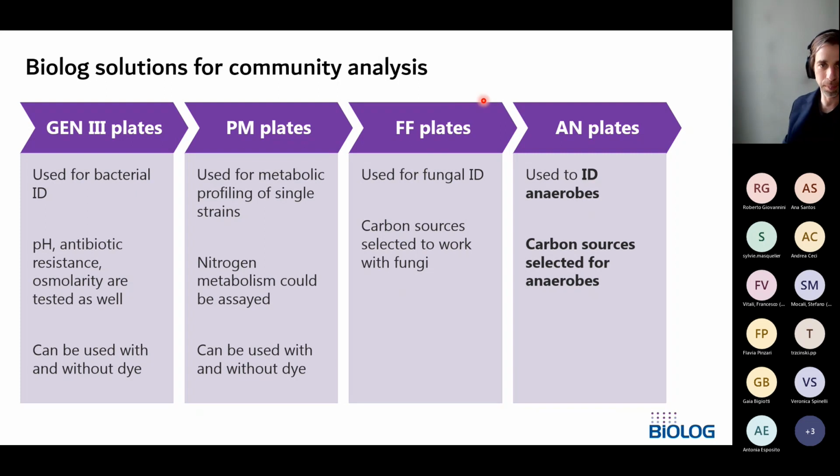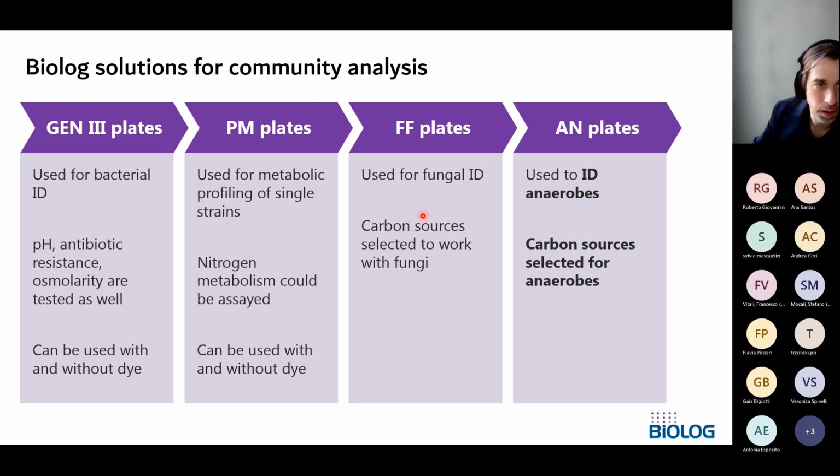They are specific for filamentous fungi identification, and they have been used to characterize filamentous fungal communities only. There are few papers with this, and also AN plates, developed by BIOLOG for the identification of anaerobes, but they are really efficient in characterizing anaerobic communities from, for example, the human gut, but also wastewater or sediments.